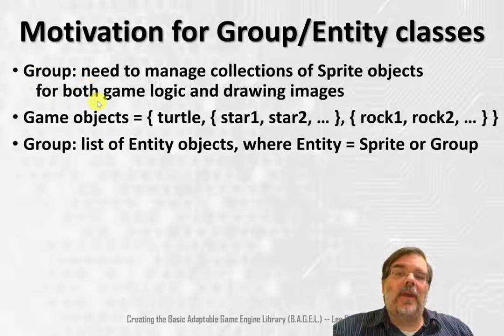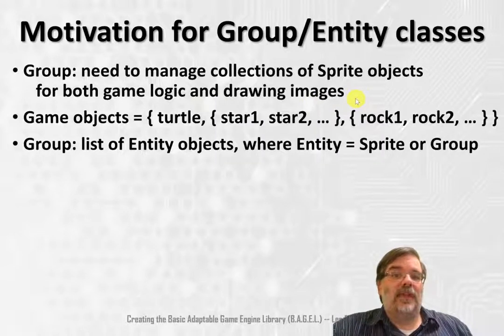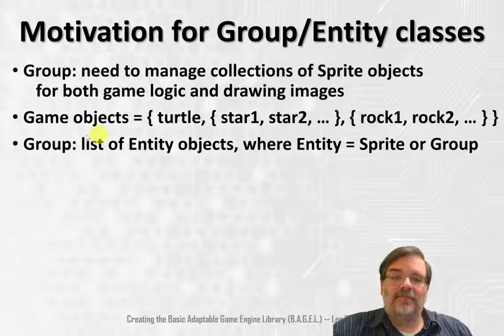So we need to compare objects against each other for game logic purposes, and so we'll need to group them together. But also we need to draw all the different sprites in our scene. So we need to keep track of a kind of master collection of all the different sprite objects.